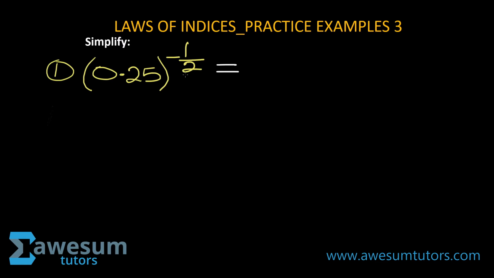Okay, how do you solve this problem? The first thing you want to do is to convert the decimal into a fraction. Now this is 0.25. How do you convert this to a fraction? This is pretty easy and straightforward.